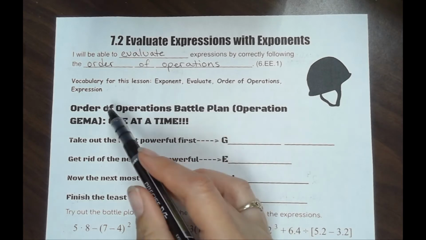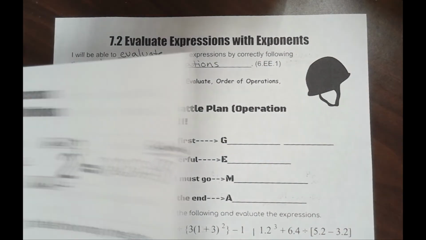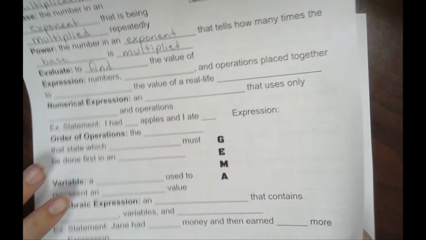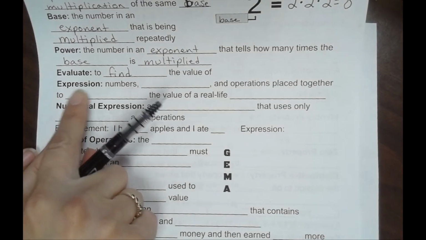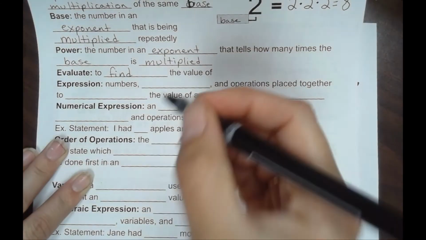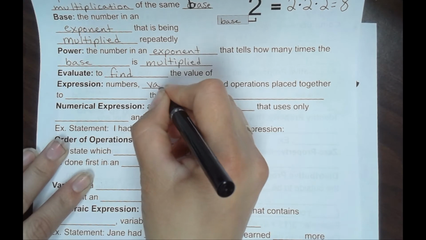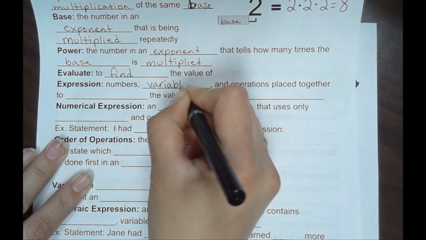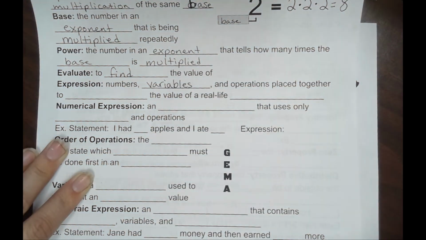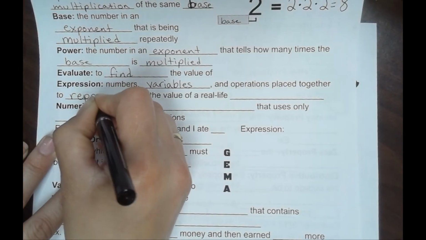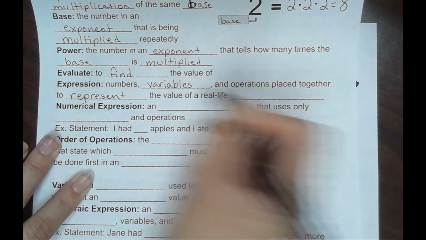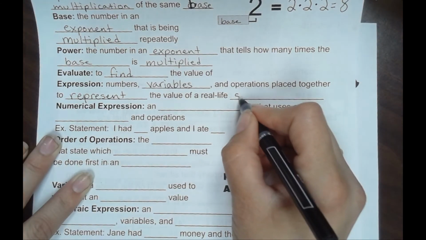We're going to talk about expressions and order of operations, so that we will write on this page. Alright, an expression is numbers, variables, and operations placed together to represent the value of a real-life situation.